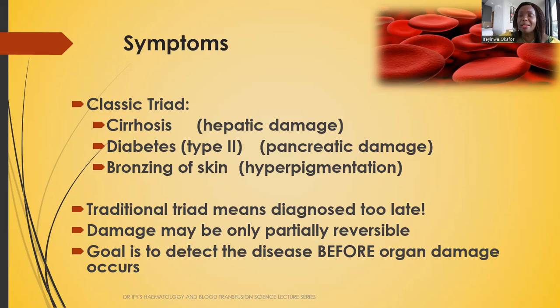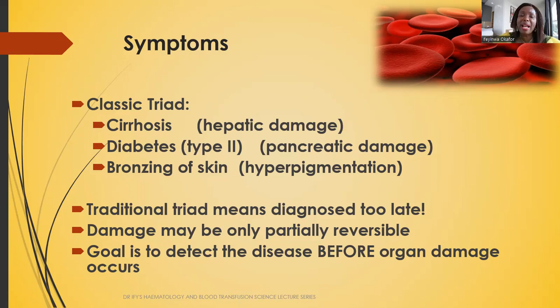But the sad thing is, by the time these symptoms present themselves, organ damage may have occurred. At this stage, even when you try to manage the disease, you may not be able to reverse the organ damage. So our goal at any point in time is to detect the disease before organ damage.